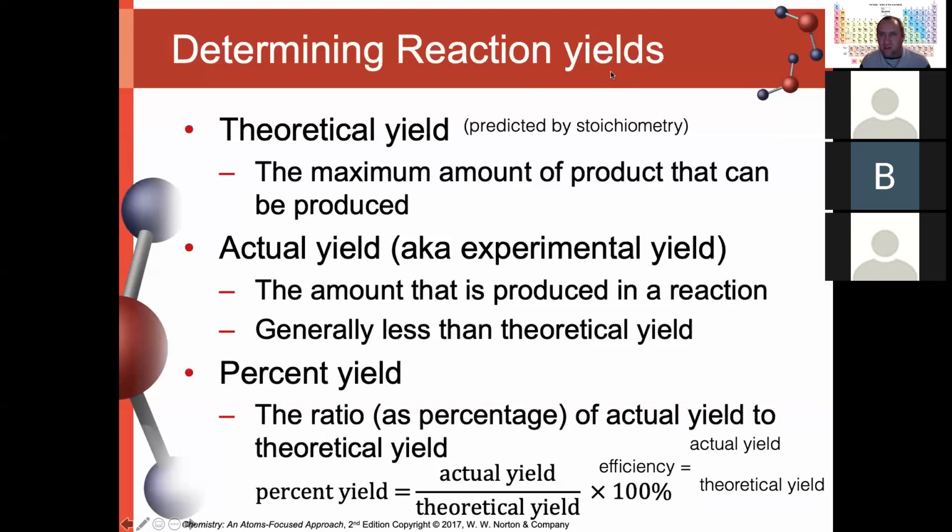The only difference is the lack of multiplying by 100. If I just divide those two numbers, that efficiency rating would be a decimal number between 0 and 1. The closer to 1 it is, the more efficient the process is.